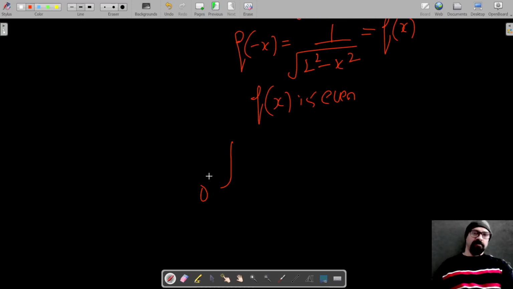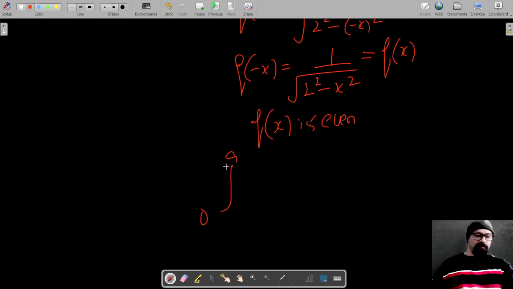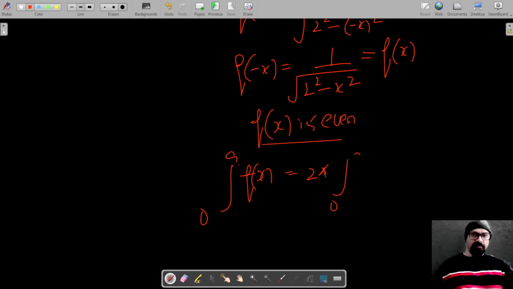And when the function is even, the integral from negative a to a of f of x can be written as 2 into the integration from 0 to a of f of x into dx.